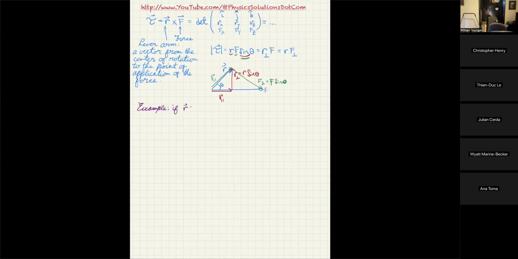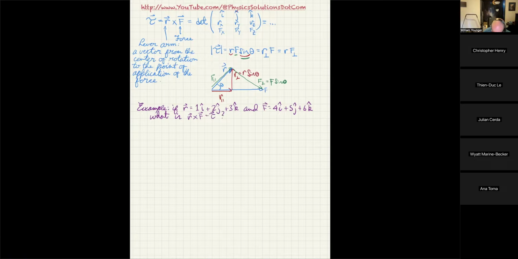If R is equal to 1 i hat plus 2 j hat plus 3 k hat, and F is equal to 4 i hat plus 5 j hat plus 6 k hat, what is R cross F, which equals the torque?